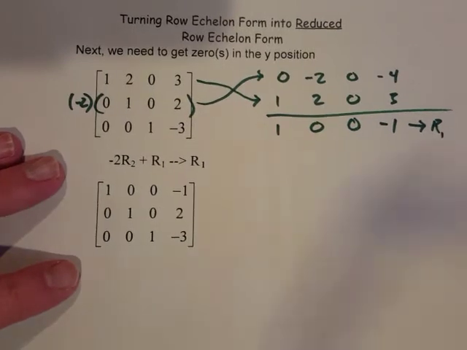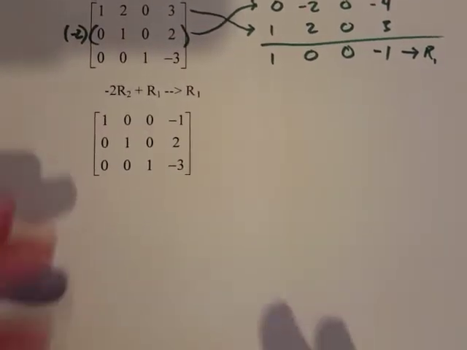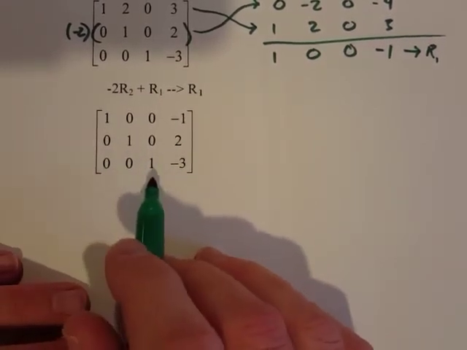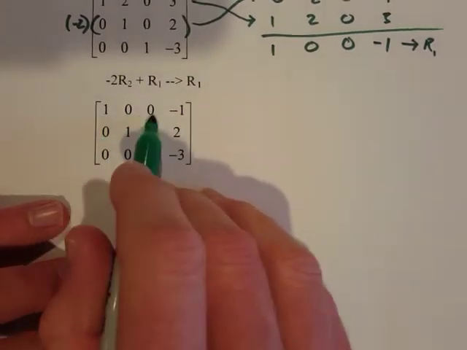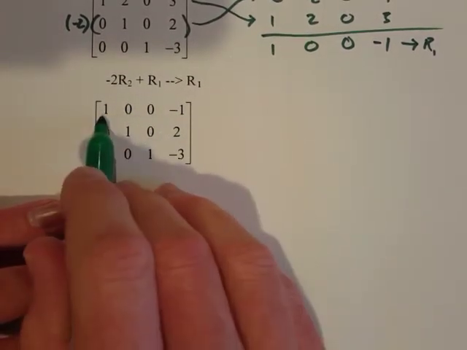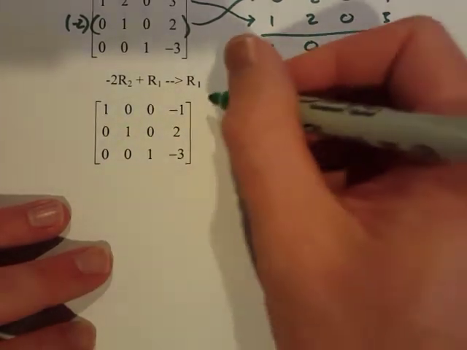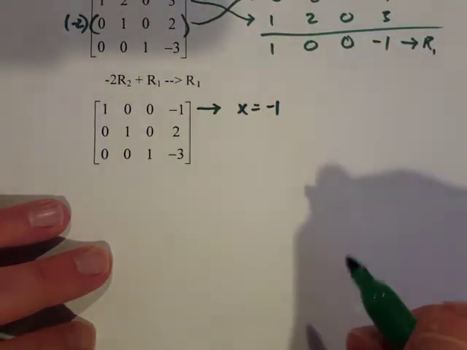So here's our new and actually final matrix on this one, because now we're going to be able to just take this as the solution to the original system of equations. Notice that in this first row we have an x, we don't have y or z, and then we have what it's equal to. So this first row really just means x equals -1.